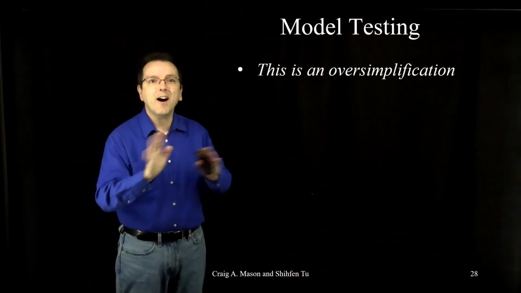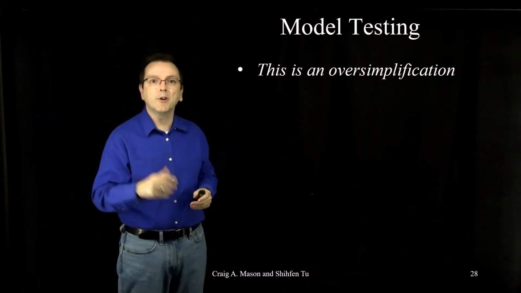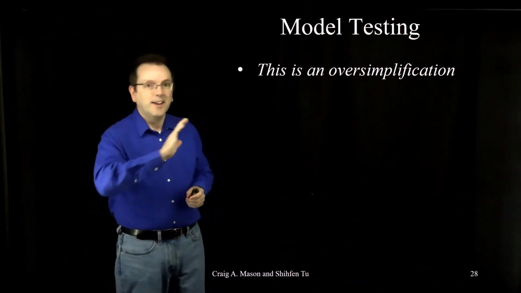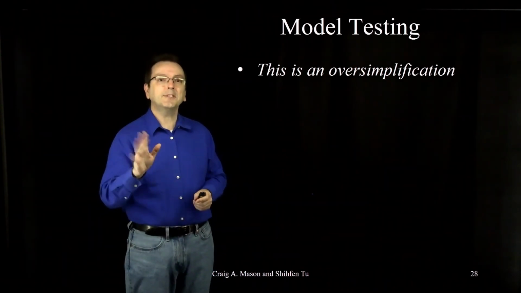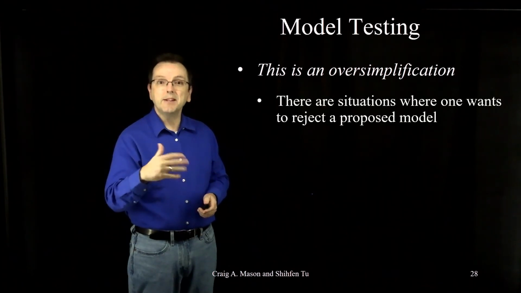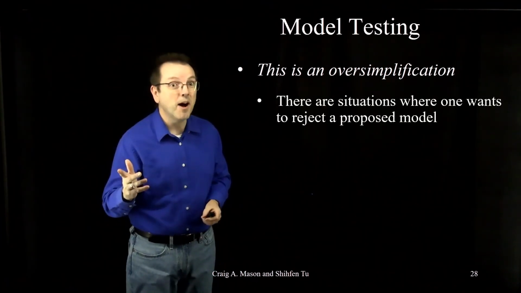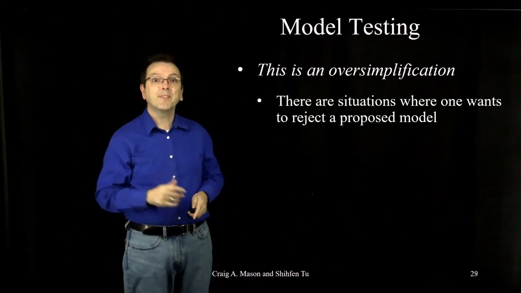Now, there are all sorts of implications to this that go beyond what we cover in an intro stats course. And again, we won't worry about that here. For example, there are situations where you may be testing someone else's model and you actually do want to reject their model, right?